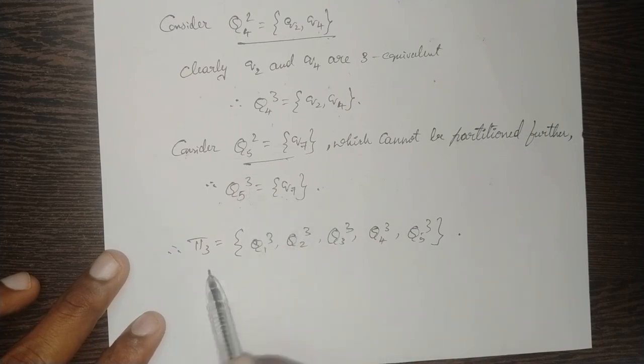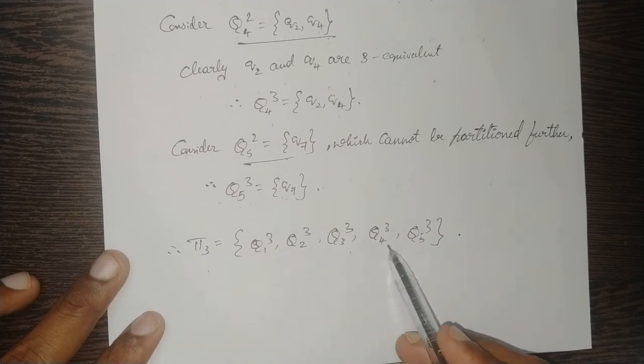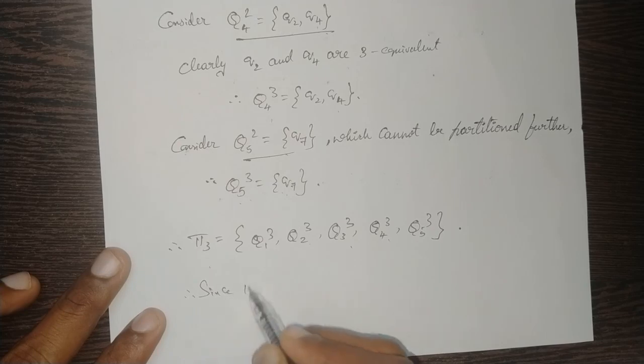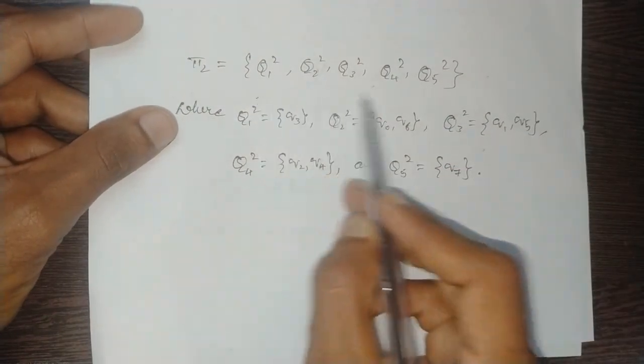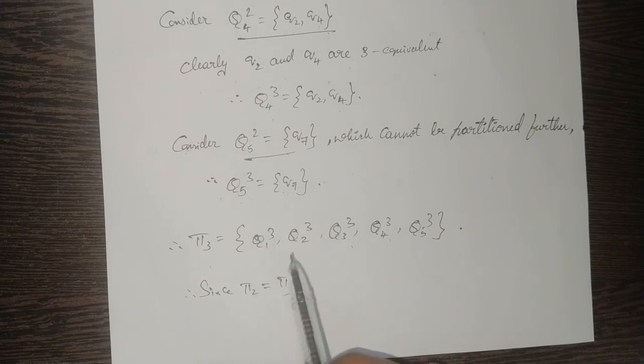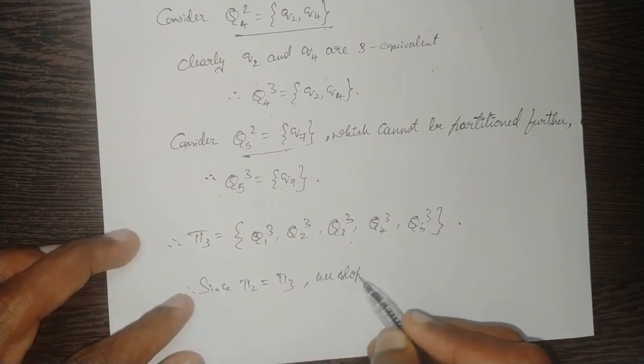So therefore Pi3 has five elements. Since Pi2 contains 5 elements and Pi3 contains 5 elements, Pi2 equals Pi3, so we stop the process here.